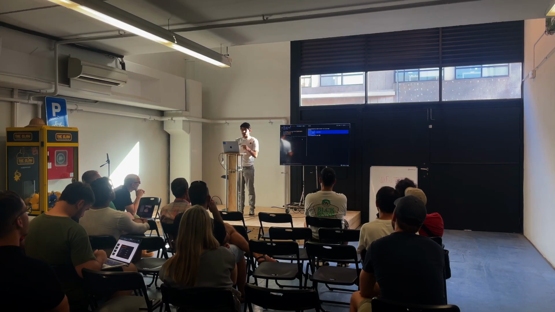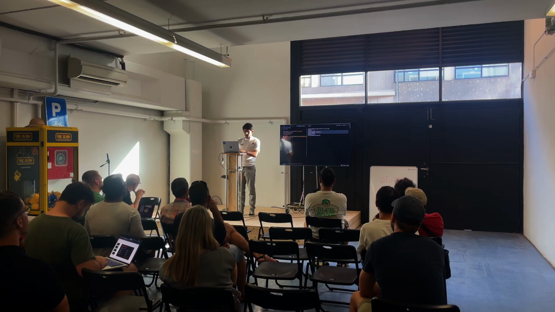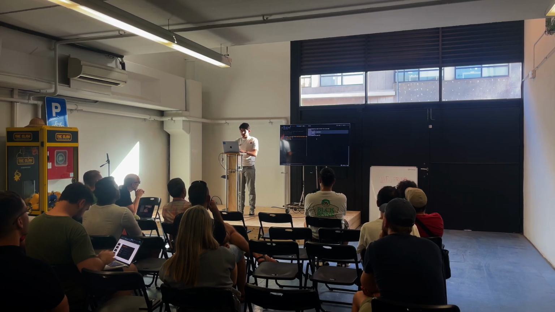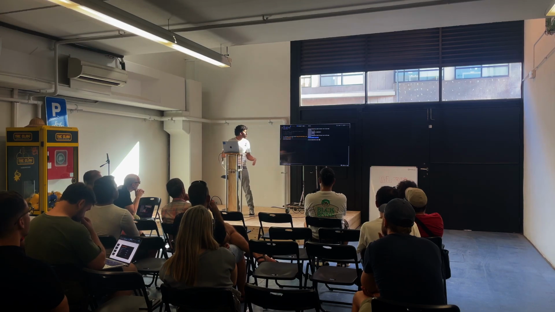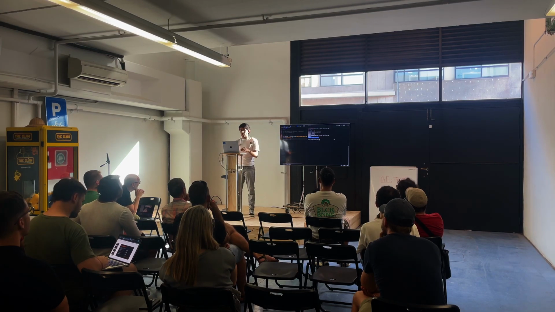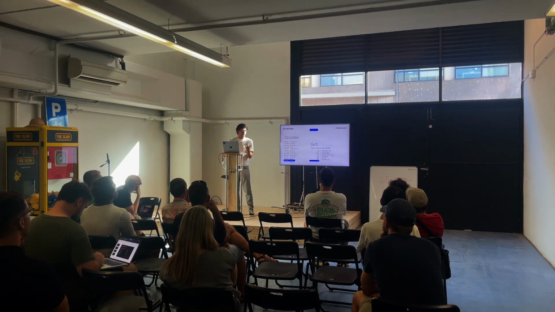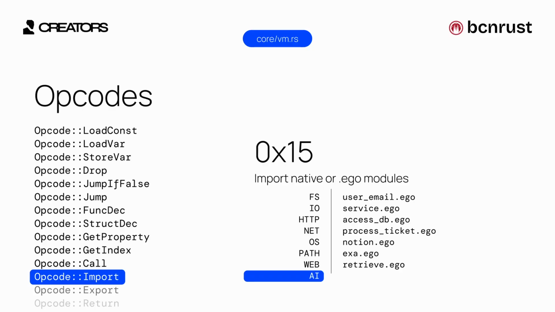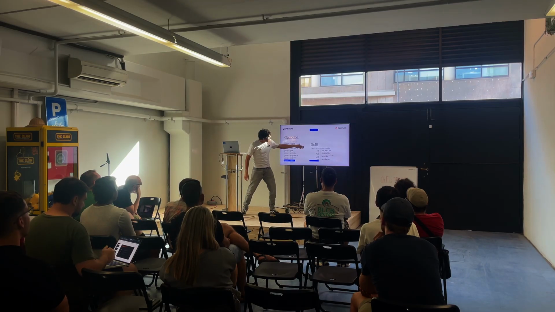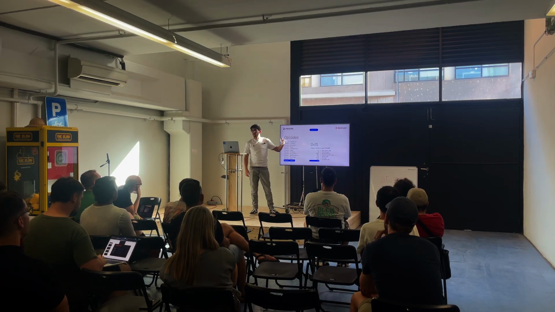So we can also, for sure, read some absolute paths, which I just leaked my bank account secret. But basically, we can read the stuff from an absolute path. And as we have seen, we can use import to import other native modules, but also other Ego modules, which are basically the compiled bytecode. So we have FS, we have IO, HTTP, net, and more.